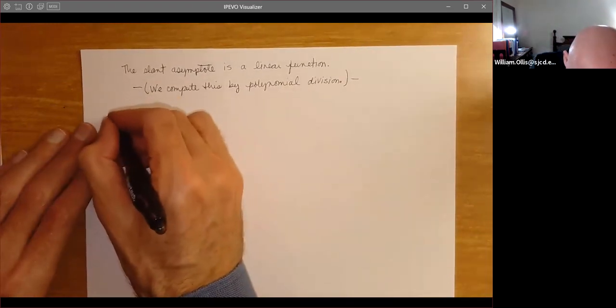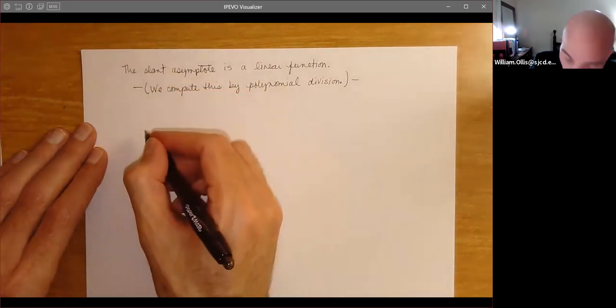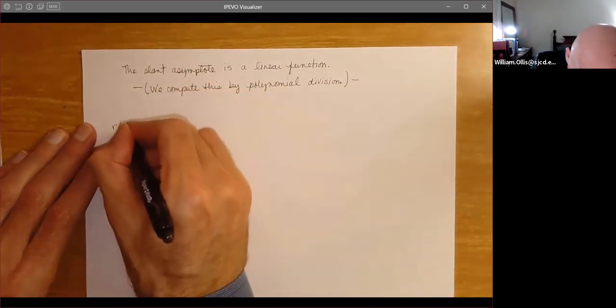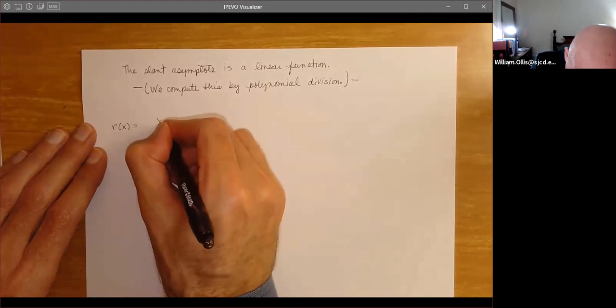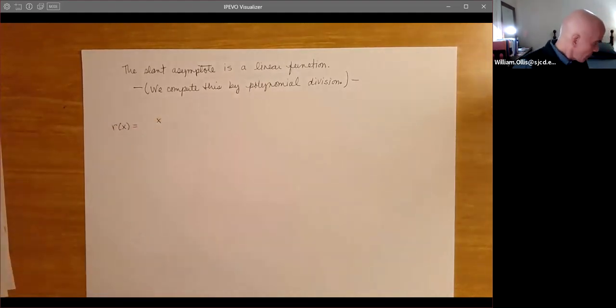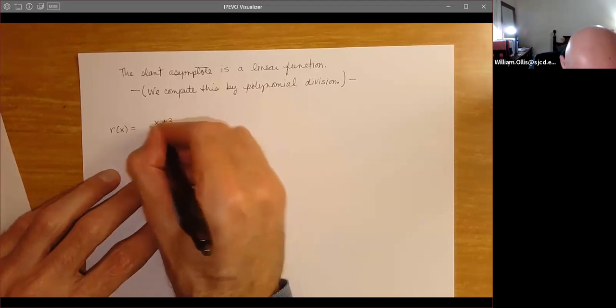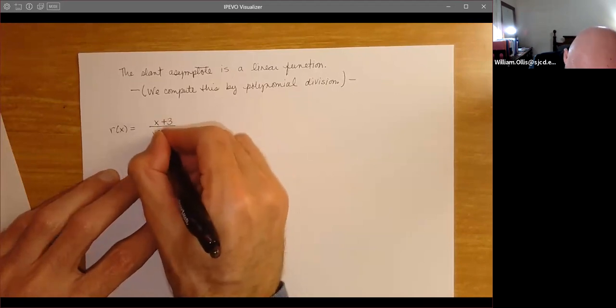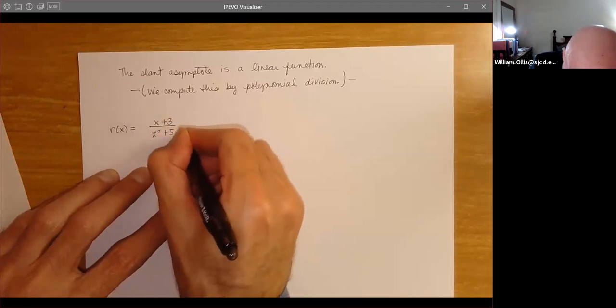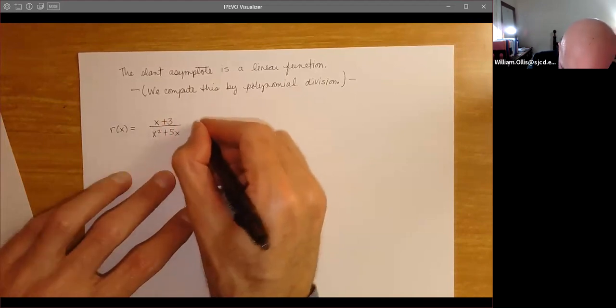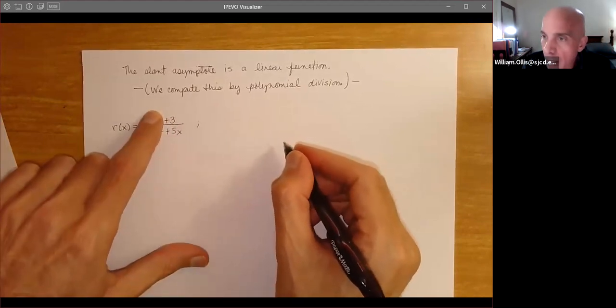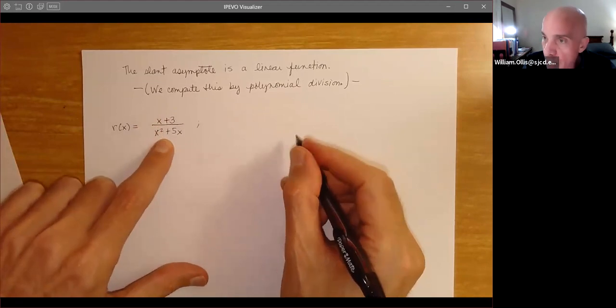First off, say we go back to the example we did first. R of x equals, if I recall, x plus 3 divided by x squared plus 5x. Well, we see the degree of the numerator is 1 and the degree of the denominator is 2.